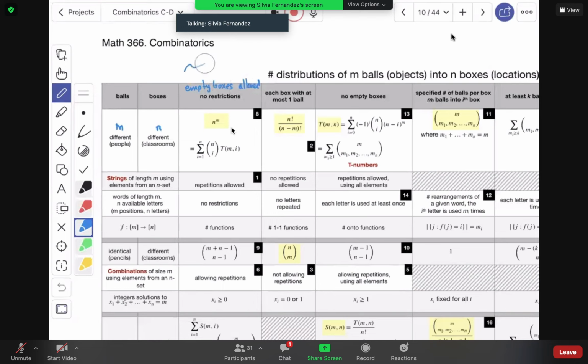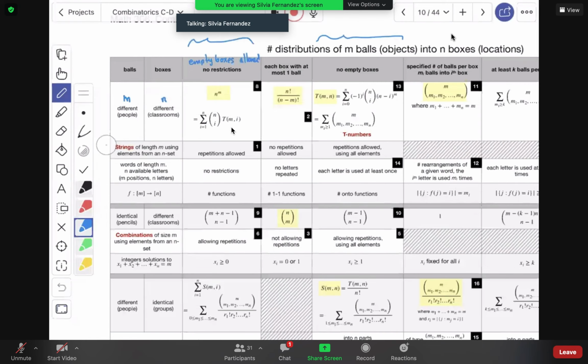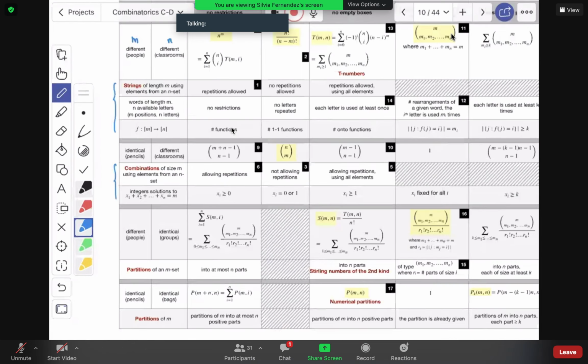So we had this one, and we had this one, and then I added other columns. So we have that. These are just examples. These are just examples as well. And these are kind of the explanations in terms of numerical partitions.